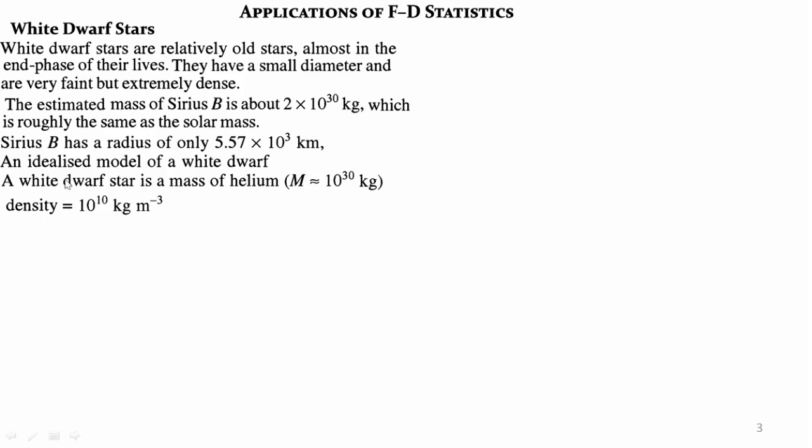Now, this is one thing, that the white dwarf star has a mass of this order, which means it is a very large mass concentrated in a very small volume and having very high density, and of course it is at a very high temperature, meaning those helium atoms are at a very high temperature.